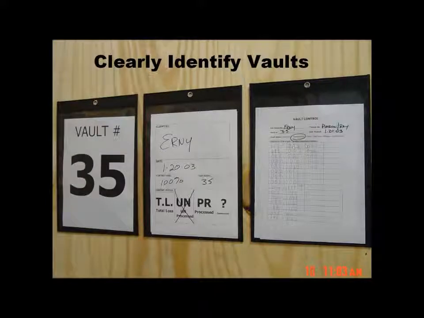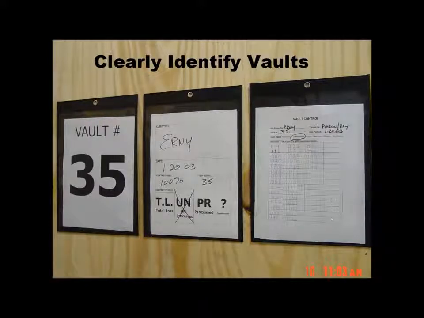And the first 3 columns have a heading for boxes, and the 4th column is for furniture, and it's highlighted in a different color. The reason I did that is now, just visually looking at the form, if the first 3 columns are loaded up, you know that this vault is full of boxes.